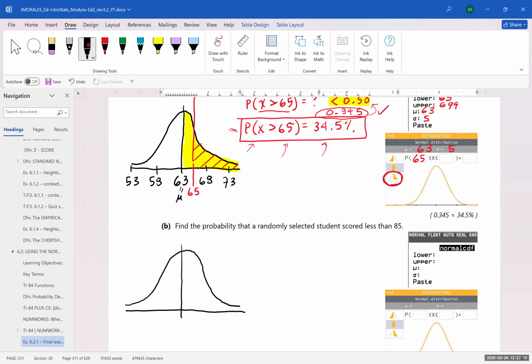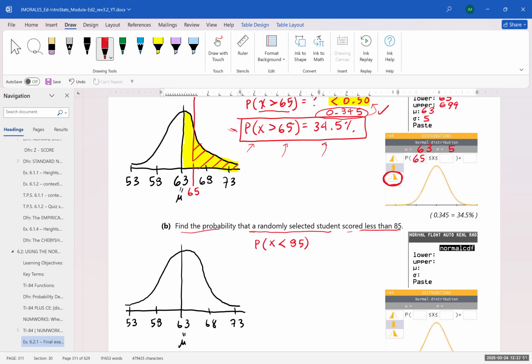And you'll be able to draw this shape out in your brain the more times you actually do it in person. All right. There we go. And what are we looking for here? Find the probability a randomly selected student scored less than 85.